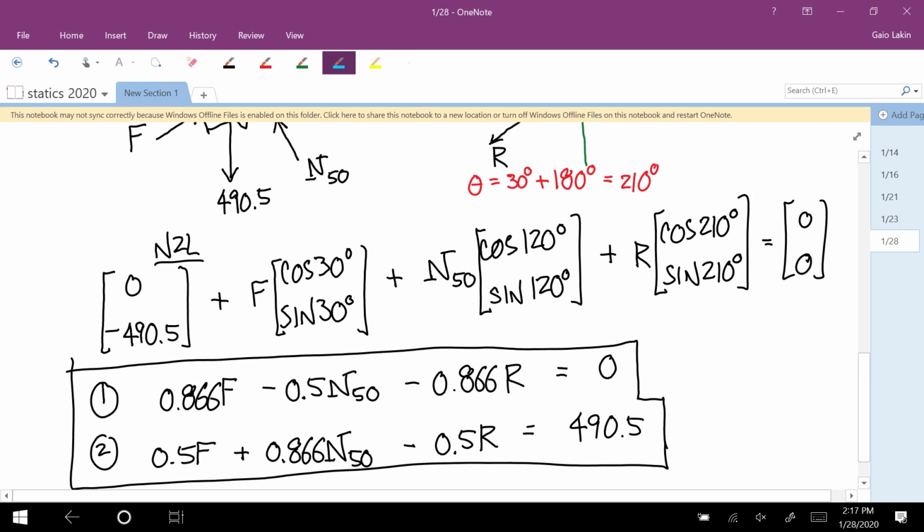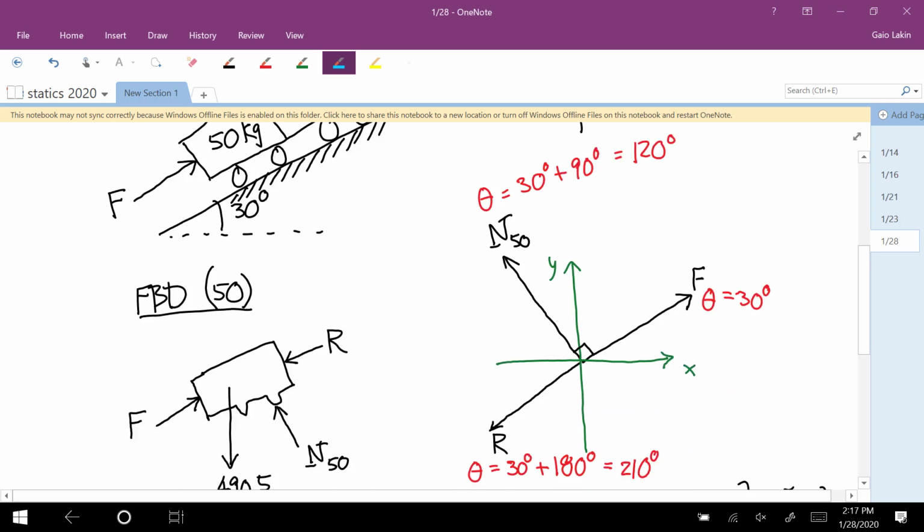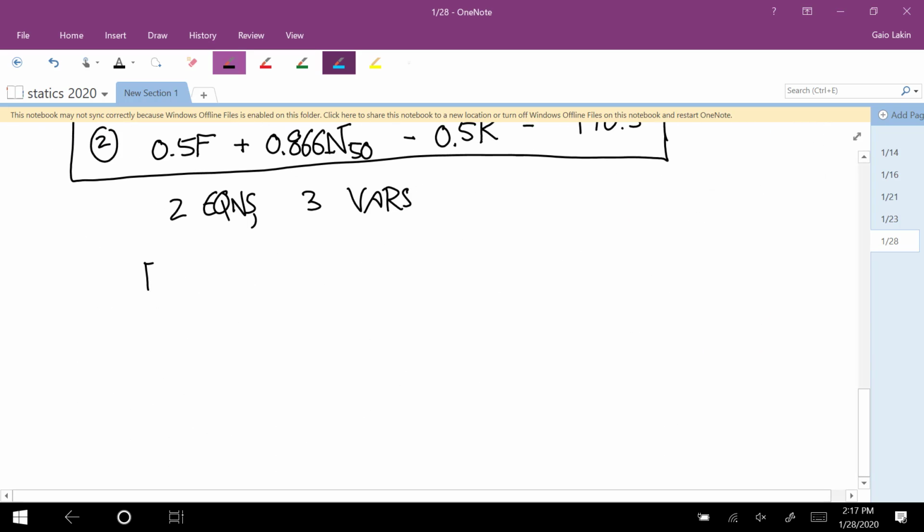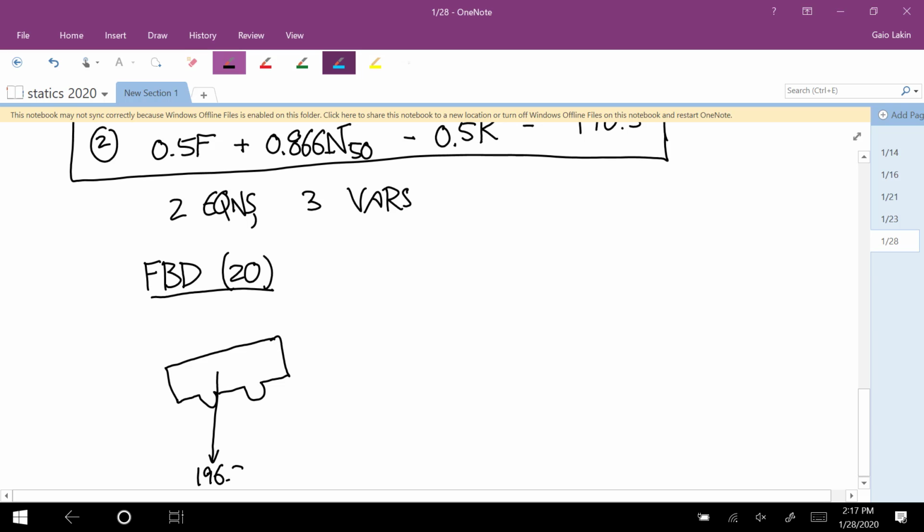So I'm going to isolate the second one, the 20 kilogram. Okay, well, we have a weight force that's 20 times 9.81, so 196.2. And we have a normal force, N20.